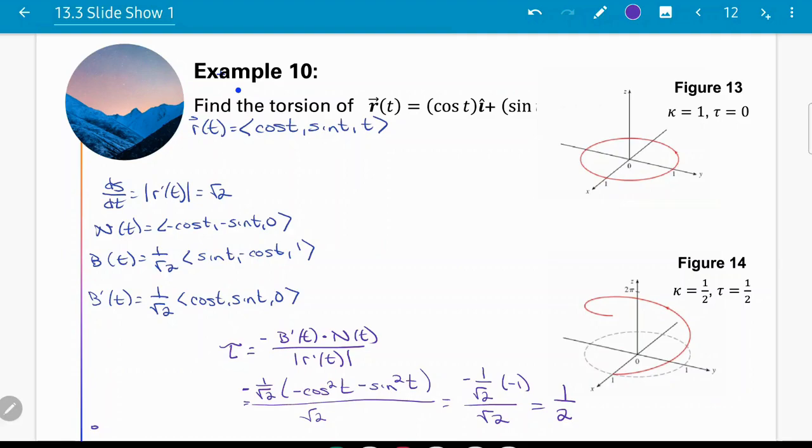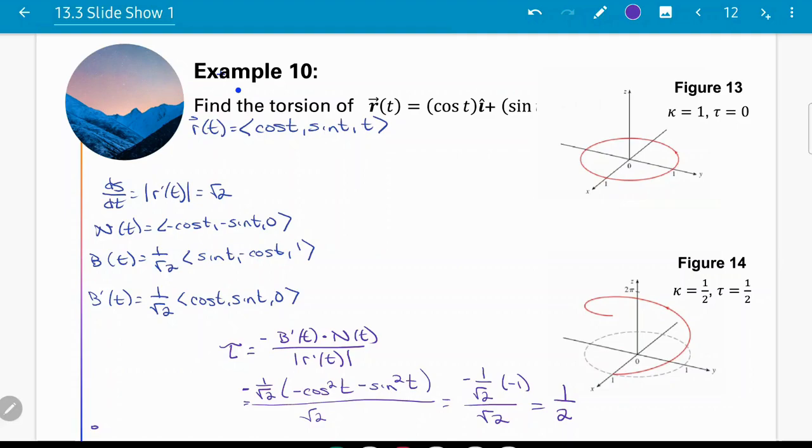So figure 13 shows that we have a circle in the xy plane with curvature 1 and torsion 0, because the B'(t) and N(t) dot product is 0, since those are orthogonal to each other.